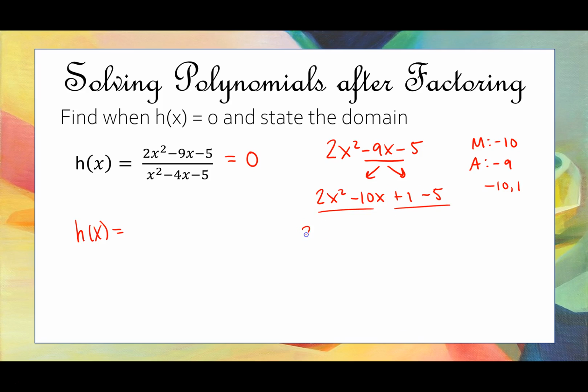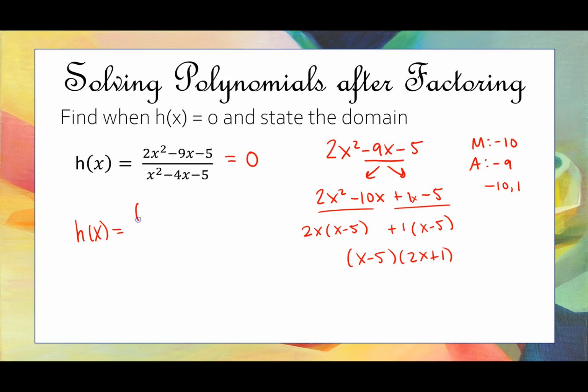Underline, underline, pull out the 2x. We get an x minus 5. I immediately write x minus 5 here. Then I need a plus 1. So this factors to an x minus 5 times a 2x plus 1. All right, so that's my numerator.